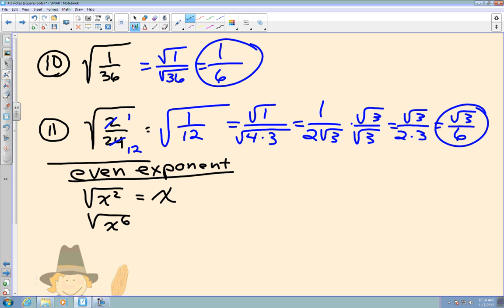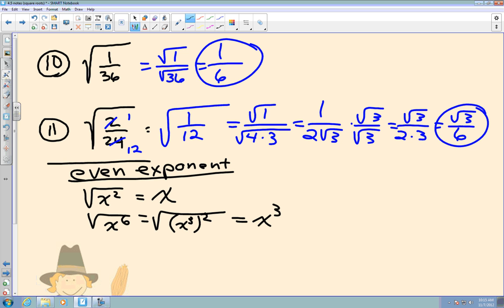power, you have to remember some properties of exponents to make this work, but stick with me here. x to the 6th is the same as x to the 3rd, raised to the 2nd power. Well, the squared and the square root cancel each other, so that's just x to the 3rd.